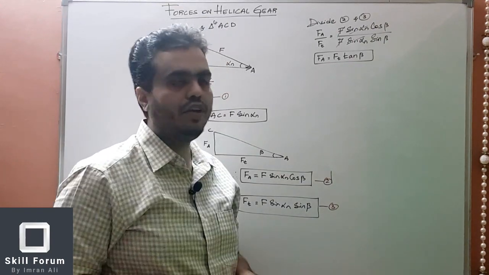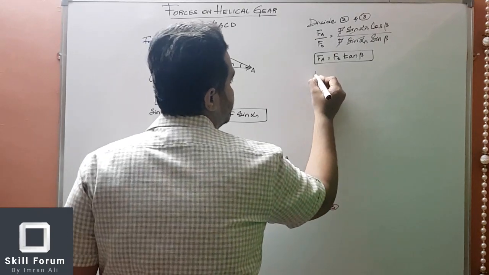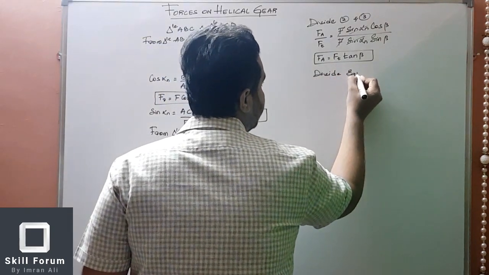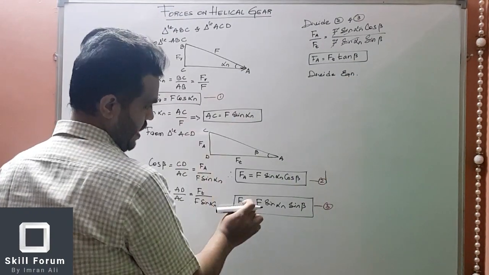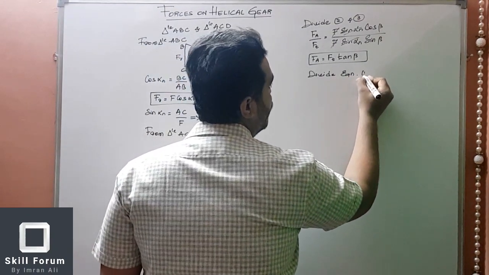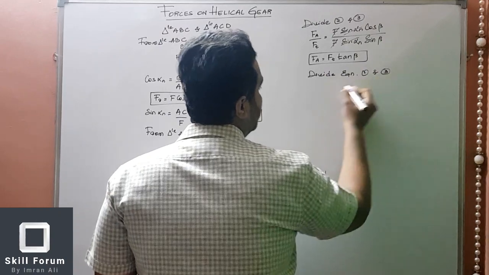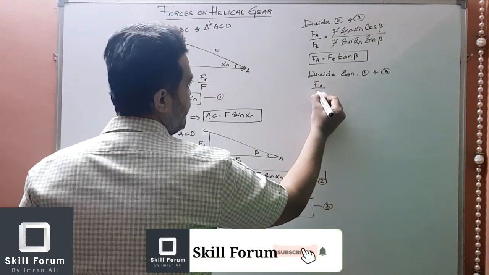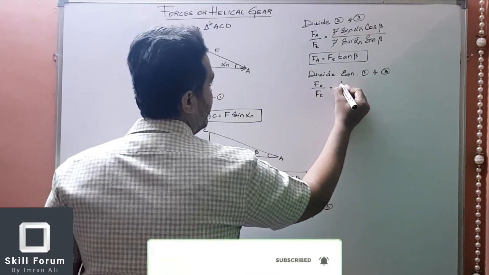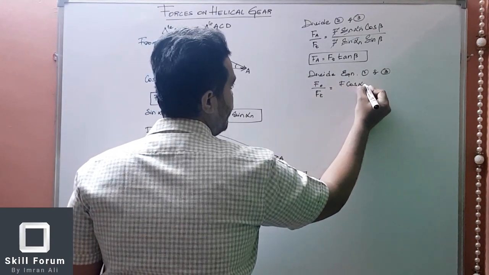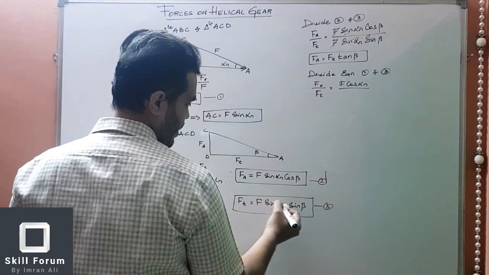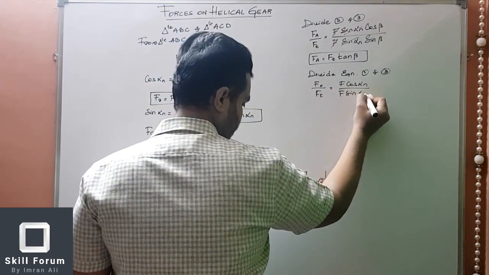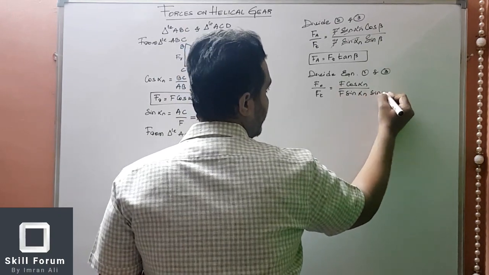So next we need to divide equation 1 and 3. So 1 and 3. So we will get, what is FR by FT? What is FR? F cos alpha n divided by F sin alpha n and sin beta.